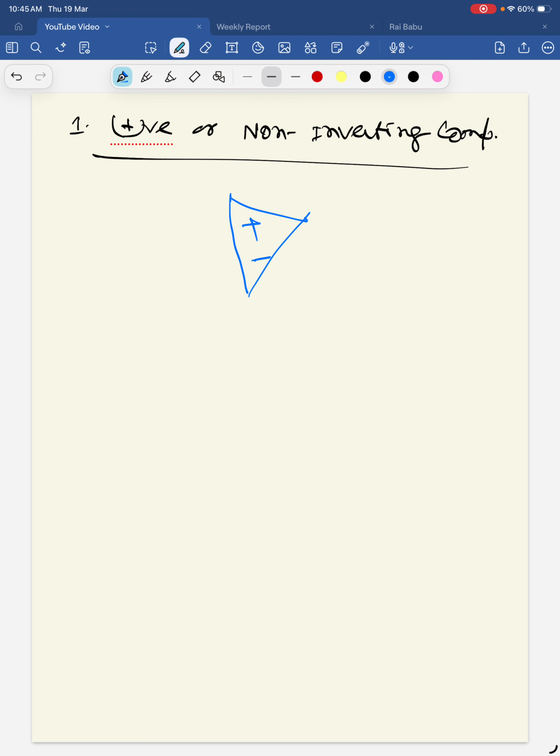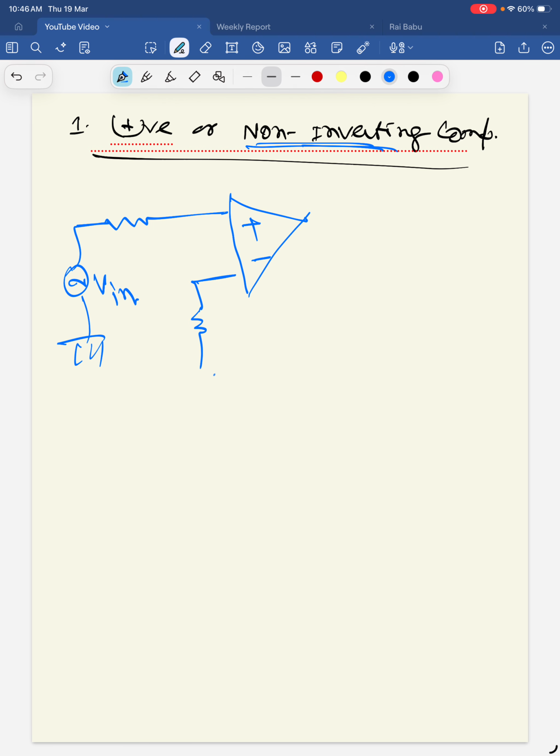As a positive comparator, we can give one resistor here and use the input signal V in. Always remember, if it is a non-inverting comparator, the input should be connected at the non-inverting terminal. If it is an inverting comparator, the input signal must be connected at the inverting terminal. So here the reference V reference is at the inverting terminal. The corresponding output we have to find is V0.